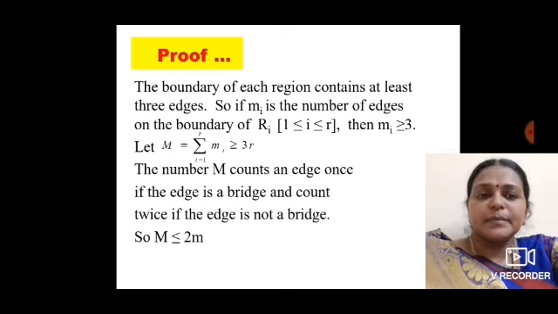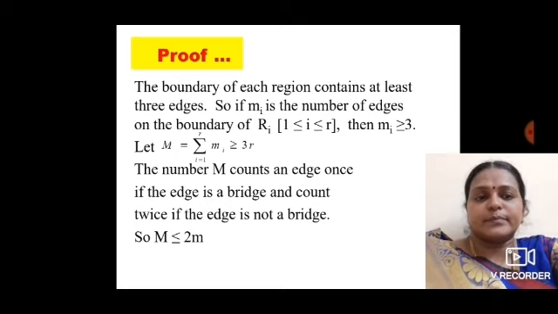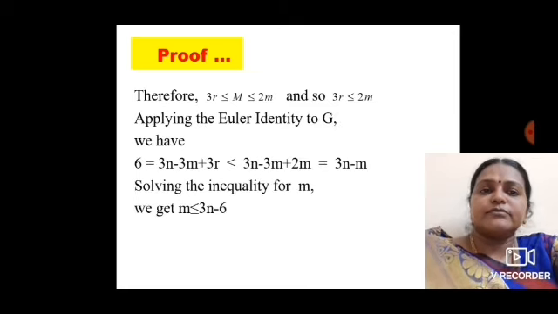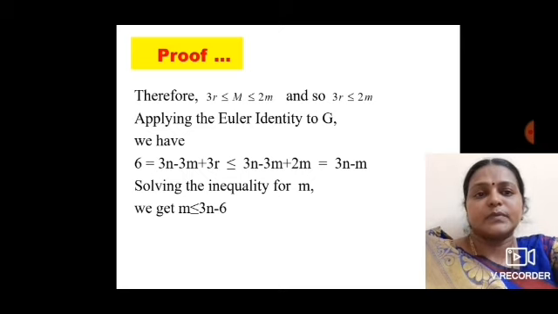The number M counts an edge once if the edge is a bridge, and twice if the edge is not a bridge. So M is less than or equal to 2m. Therefore, 3r is less than or equal to capital M, which is less than or equal to 2 times the size. And so 3r is less than or equal to 2m.